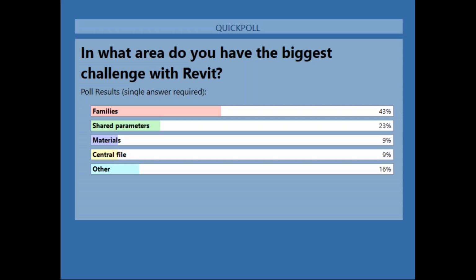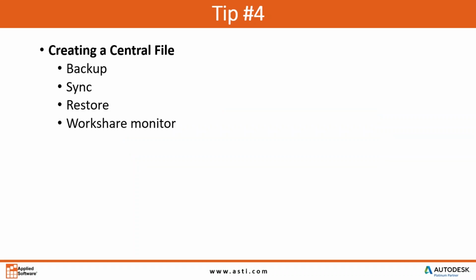Again, thank you for participating. Now back to you, Z. Awesome, thanks, Mark. Yeah, families can be a real challenge, and that's why we talk about them. That's why we have classes on them, to really dive in there.